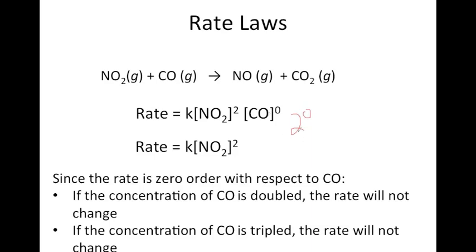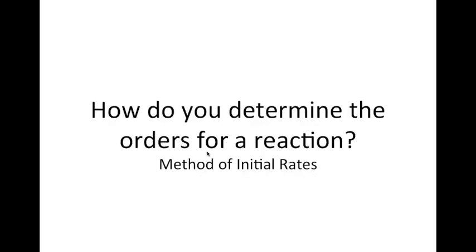If we triple the concentration of carbon monoxide, the rate would remain constant again. So we can change the concentration of carbon monoxide any way we like, but the rate will not be affected. So we could say that the rate is independent of carbon monoxide concentration, and therefore that's why we can leave it out of our overall final rate law.